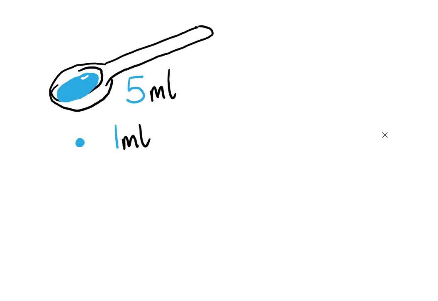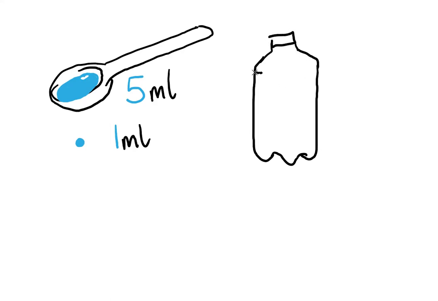So if I was writing 1 milliliter, I would write it like that. Okay. Now, if you were to buy a small bottle of pop, not one of the big bottles, or perhaps a bottle of cordial to mix with water, that's got 1,000 of them in it.